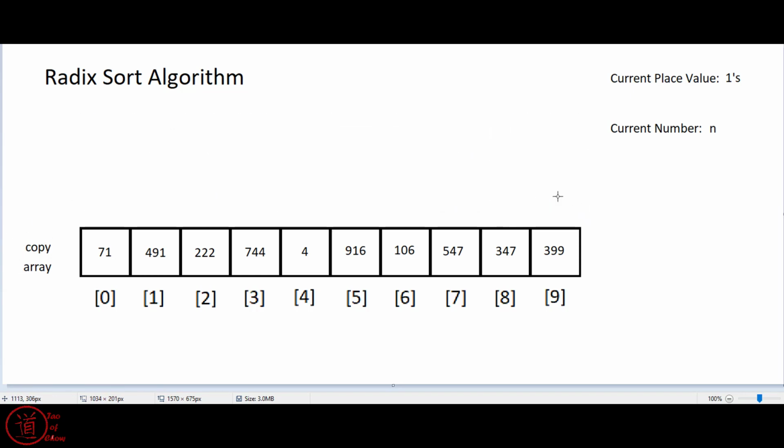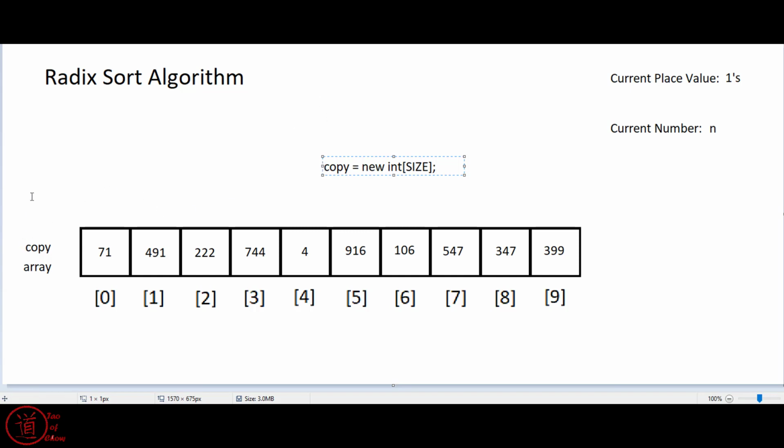Then what we do is we can say copy is equal to new int, and just make it size 10. Something like that.